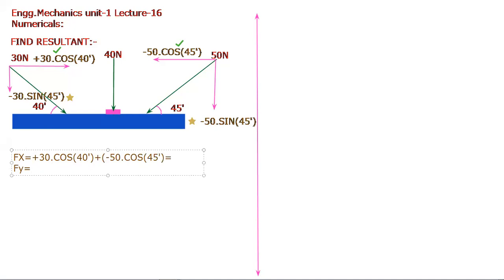Next one, summation of fy is minus 30 sine of 40 degree plus in bracket minus 50 sine of 45 degree. Okay, now this answer you have to find on your calculator.